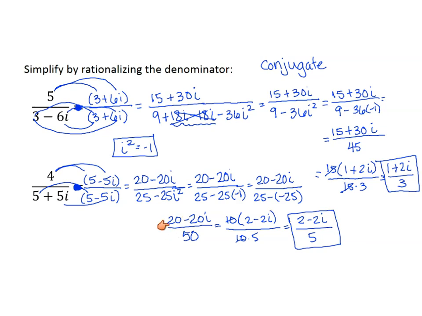And then we saw that all 3 terms, the 2 on the top and the 1 on the bottom, are all multiples of 10. So I factored out a 10, and just to check that, 10 times 2 is 20. 10 times negative 2i is negative 20i, so it checks out. I factored correctly. Then on the bottom, I rewrite my 50 as 10 times 5. That way I get 10 over 10, which just equals 1, so I can cross them out, and I'm left with my answer.